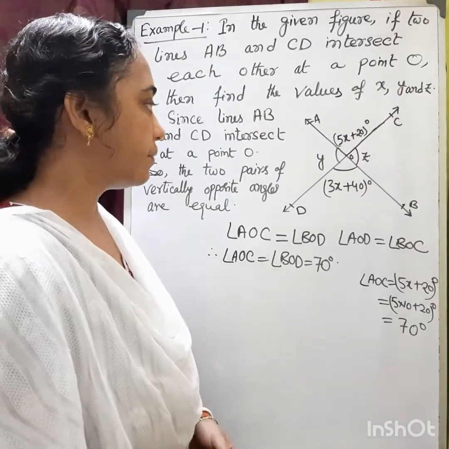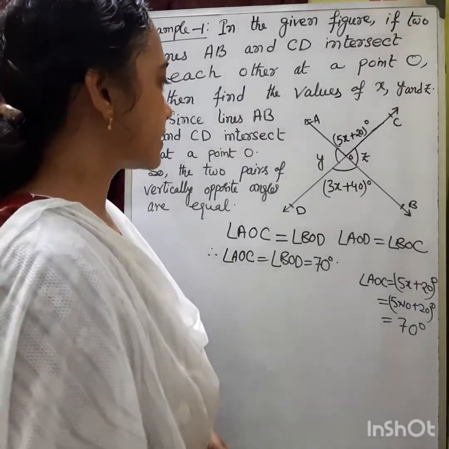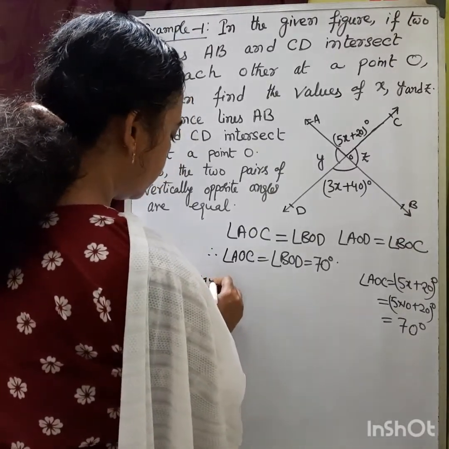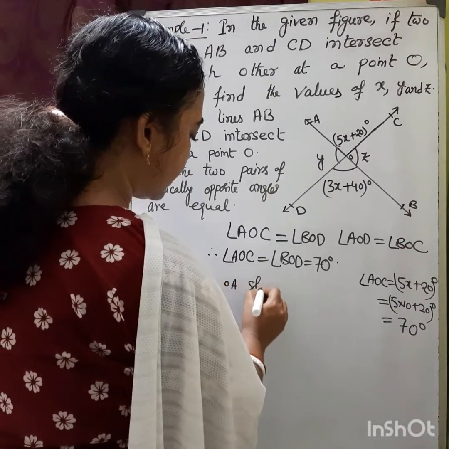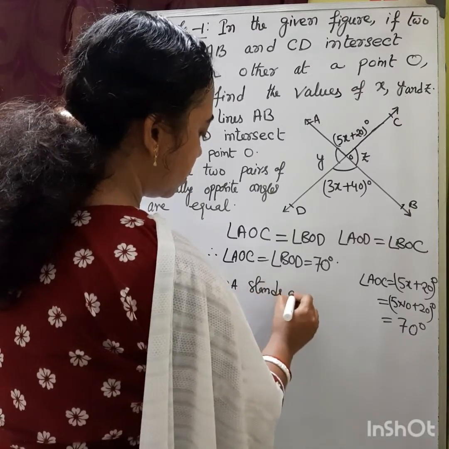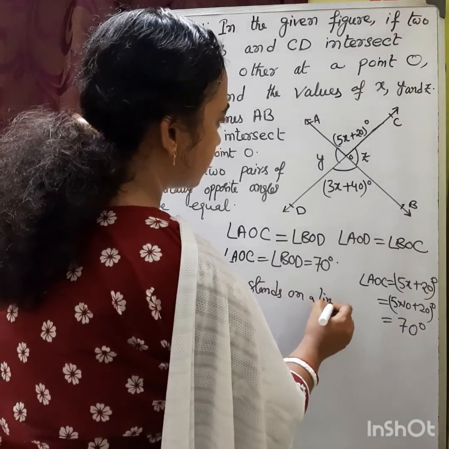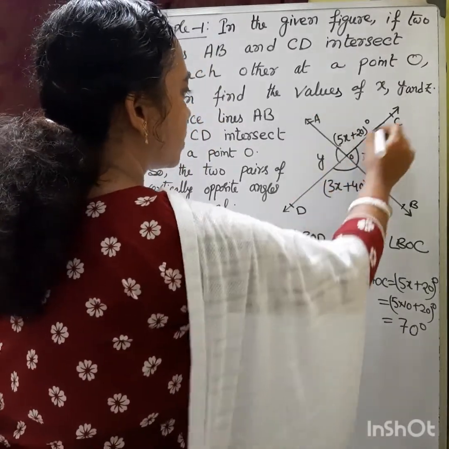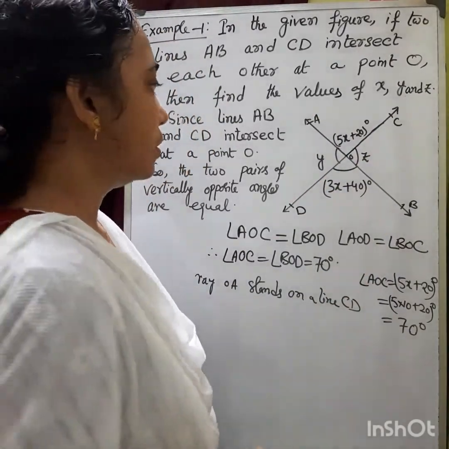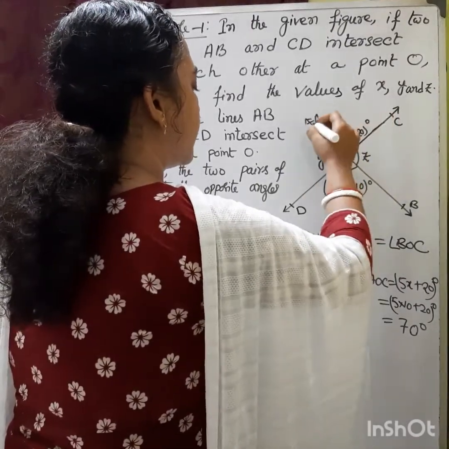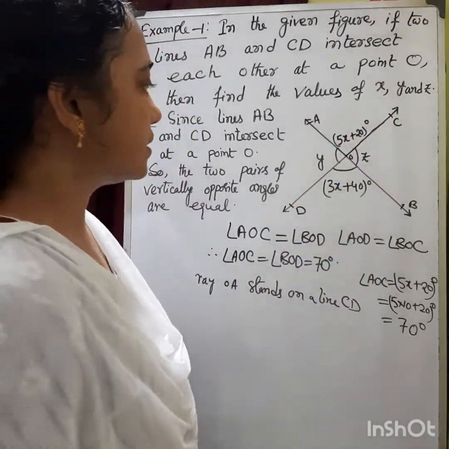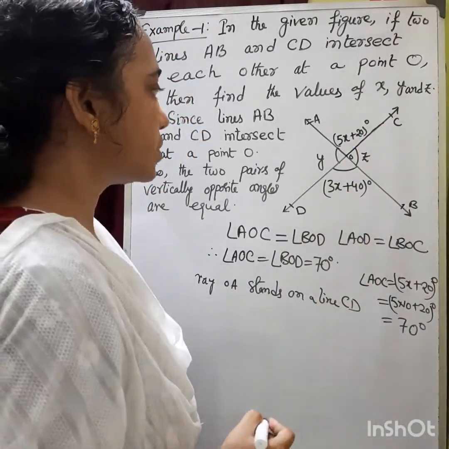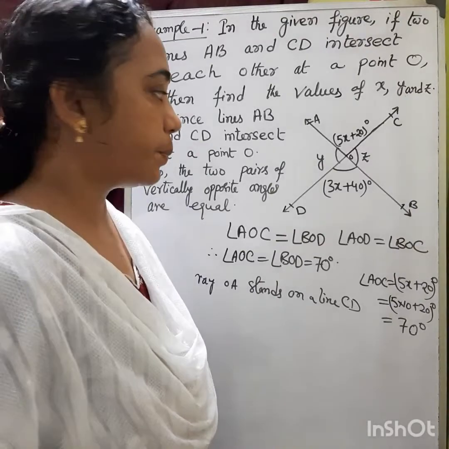Now to find the value of y and z, let us consider that ray OA stands on a line CD. So angle AOC and angle AOD are adjacent angles. Also OC and OD are the two opposite rays. So these two angles form a linear pair of angles.